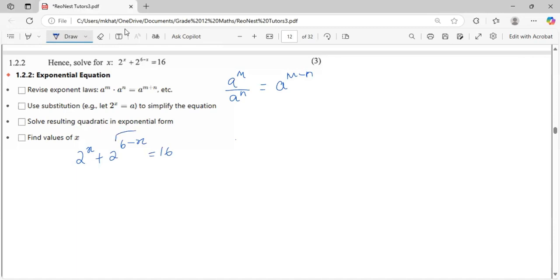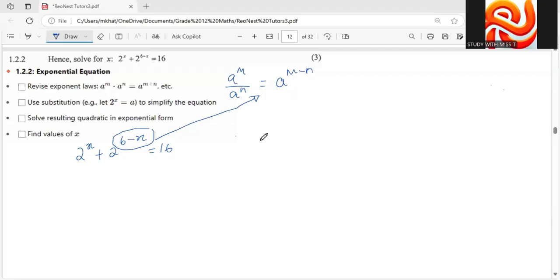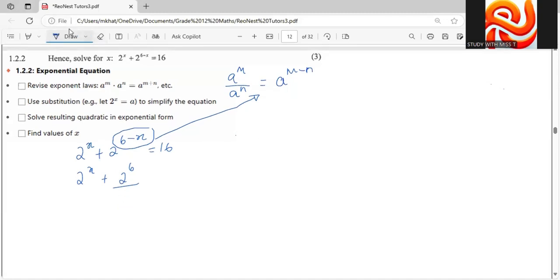So now, this we already know is a result of the quotient law. So I am going to have 2 to the power x plus 2 to the power 6 over 2 to the power x equals to 16.